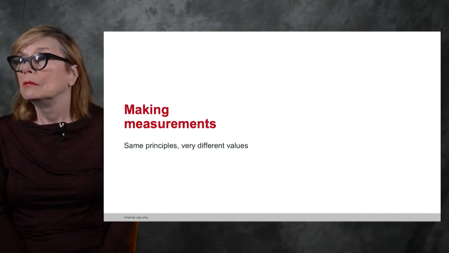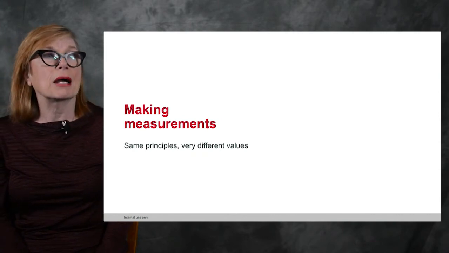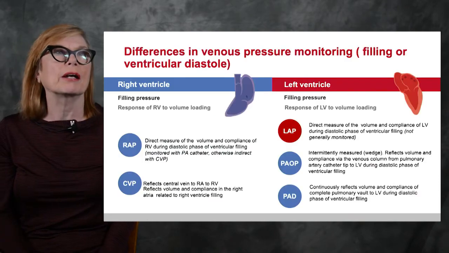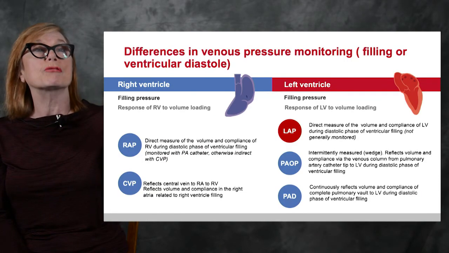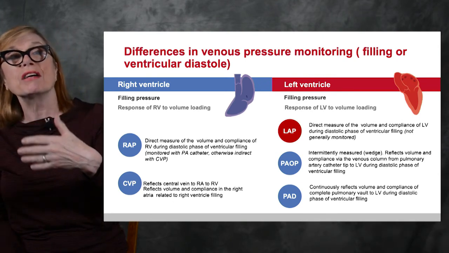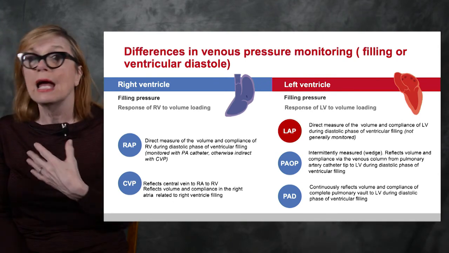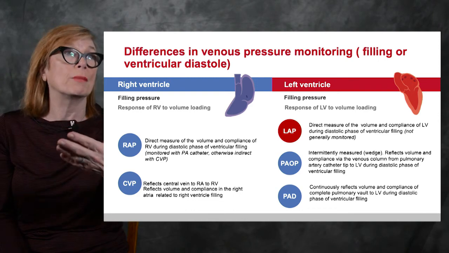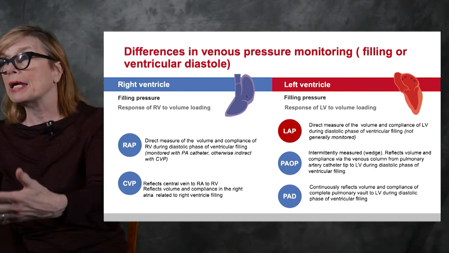So, reminding ourselves about making these measures. Same principles, but different values, right? We look at right ventricular filling pressure as CVP. We look at left ventricular filling pressure generally as pulmonary capillary wedge or pulmonary artery occlusion pressure and PAD.